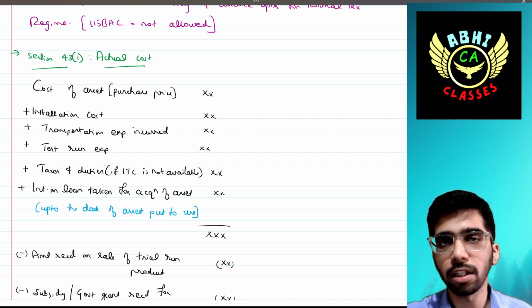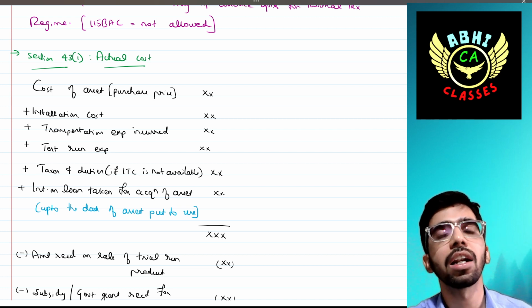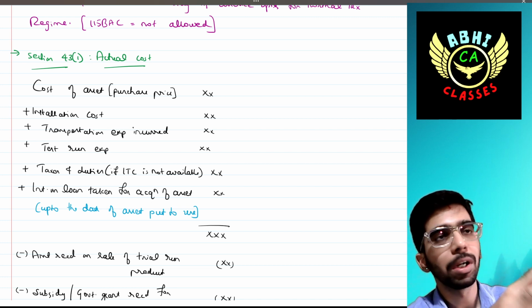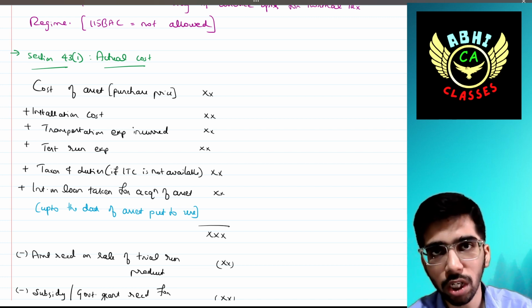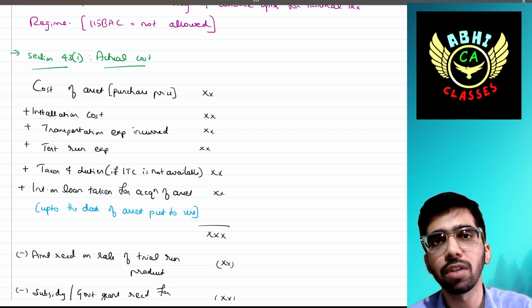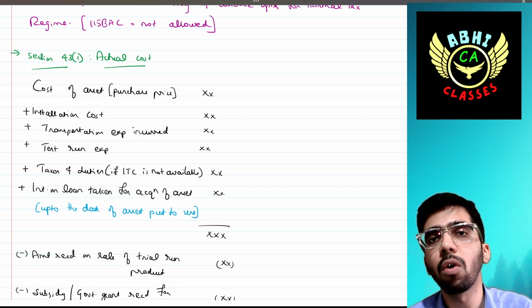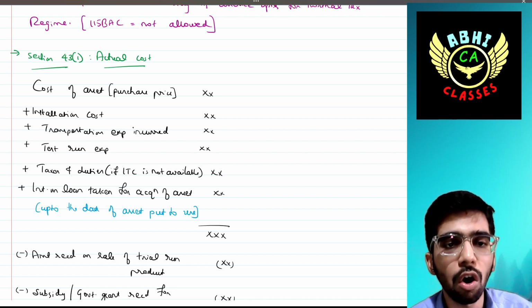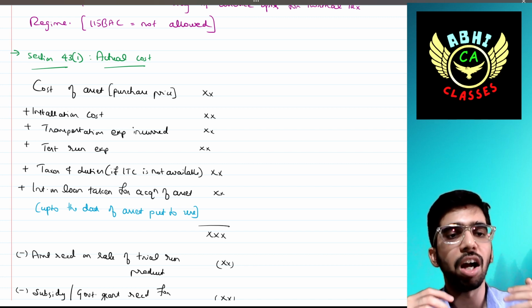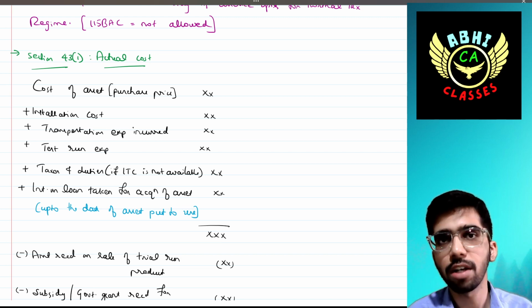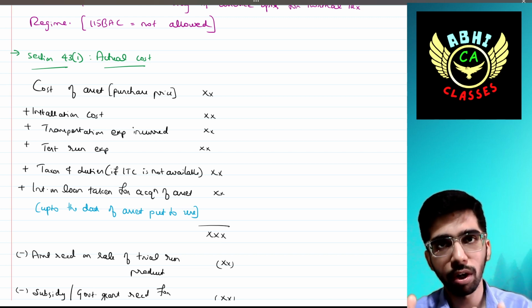After the asset has been put to use, that interest would be revenue in nature and would be treated as an expense in the profit and loss account. I think you have understood this under AS 16, borrowing cost. In that also the same concept is explained: up to the date the asset is put to use, that portion of interest should form part of your cost of asset.